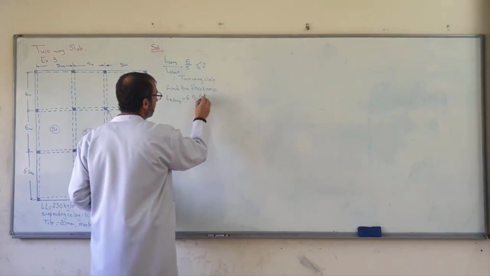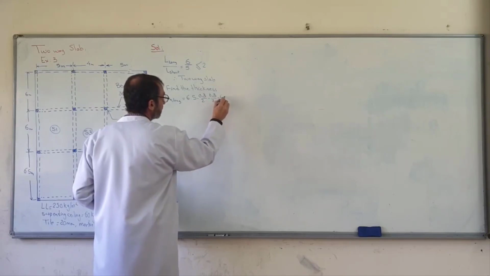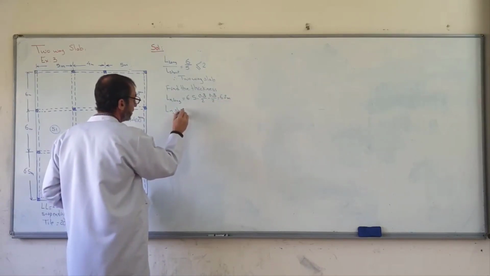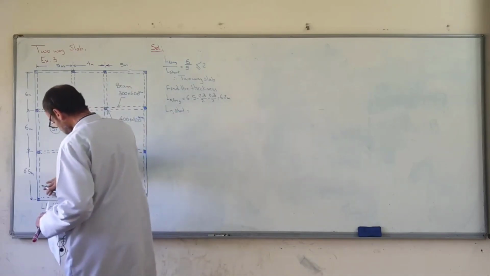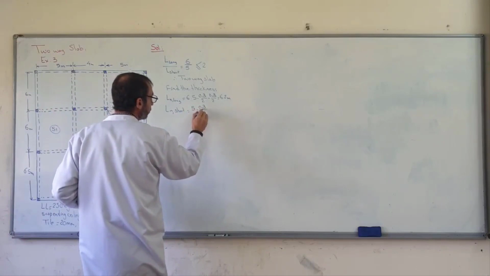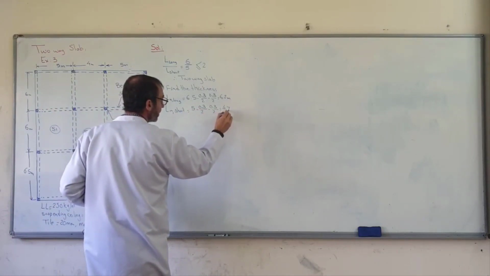It is equal to 6.2 meters. ln short is the same: 5 minus 0.3 over 2 minus 0.3 over 2 is equal to 4.7 meters.